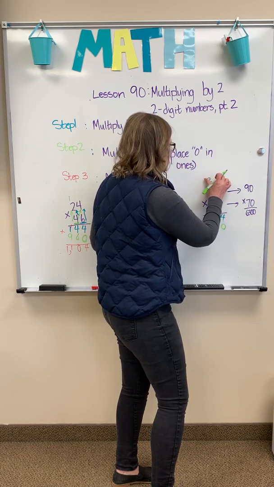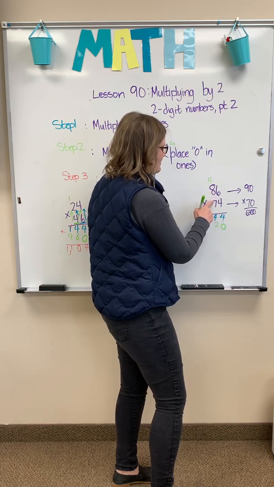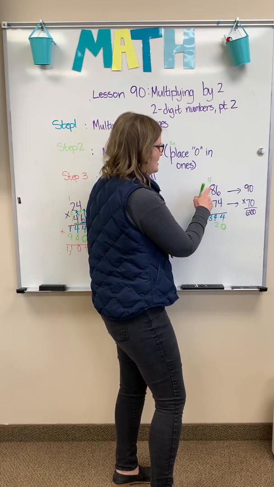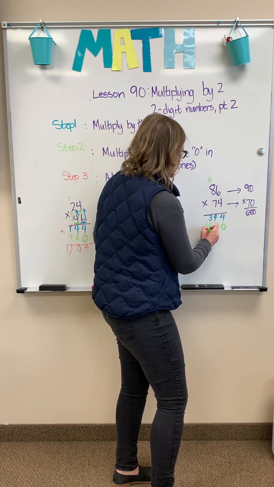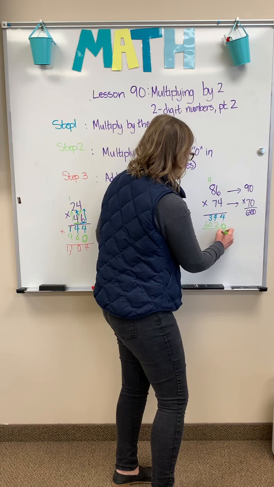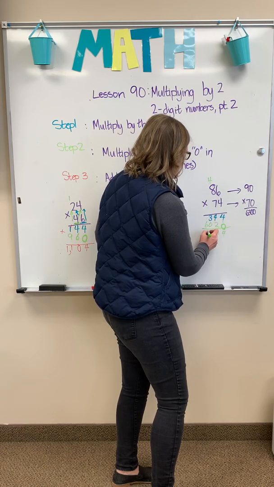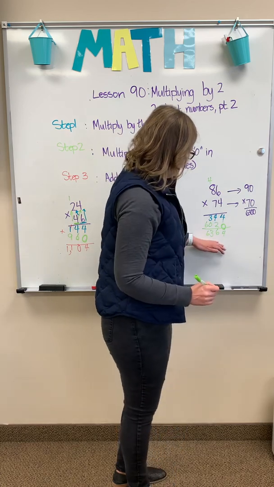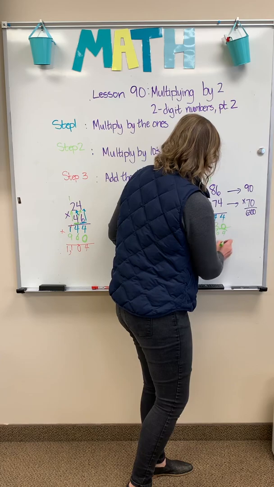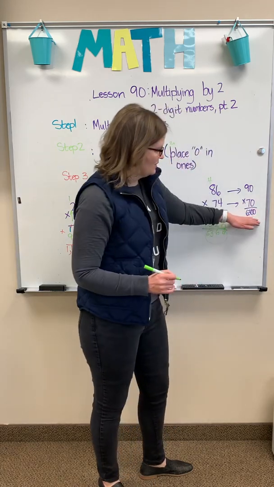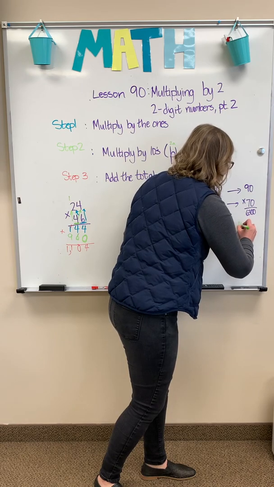Put the 2, I'm gonna erase that, put the 4. 7 times 8 is 56, plus 4 is going to be 60. So I add these up: 4, 6, 3. So 6,364 is the actual answer, and this estimate of 6,300 is, yes, reasonable.